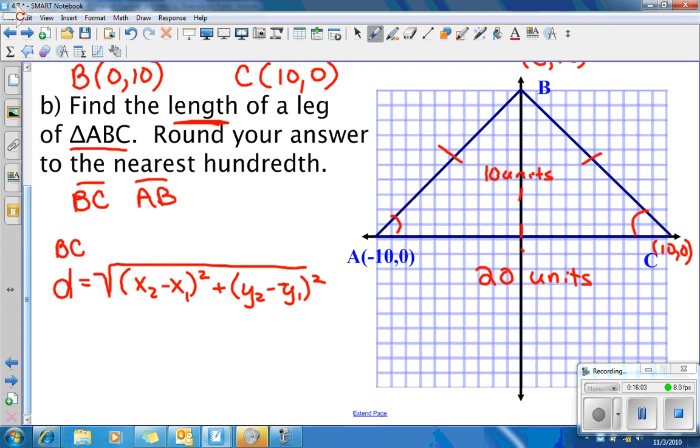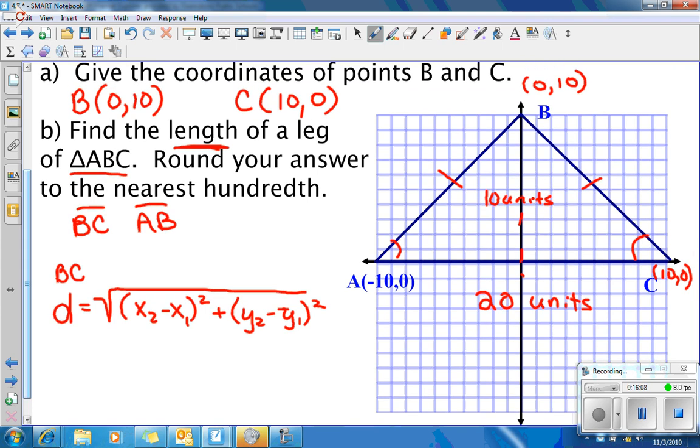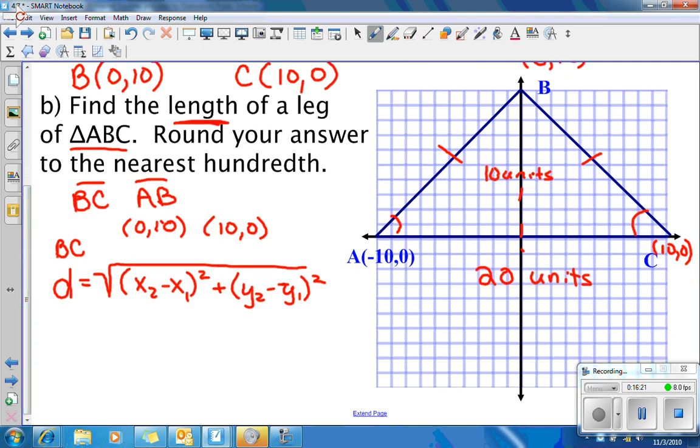Does it matter what points? Well, we said we're going to use BC, and one of them is located at 0, 10, and the other one's located at 10, 0, right? So how do I substitute that in?